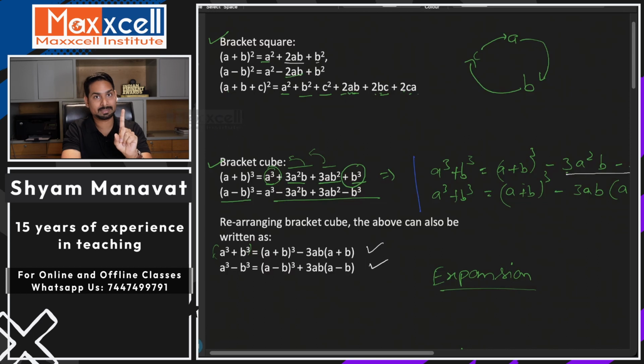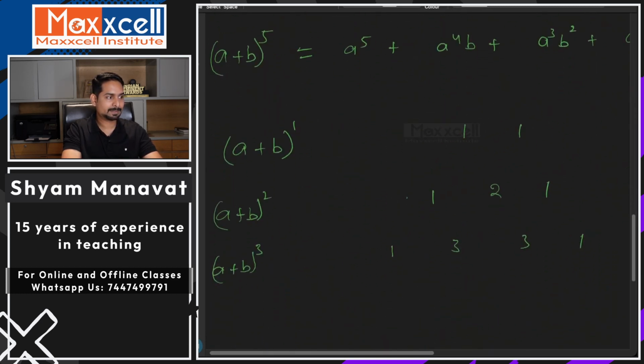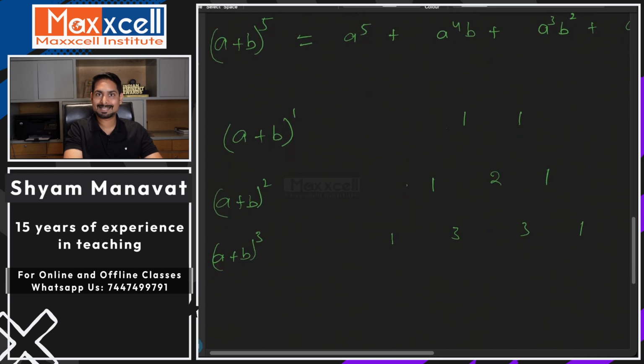Then 3, then 3. What is the coefficient of b cube? 1. Do you agree with me here? These are the coefficients of a and b in each term.